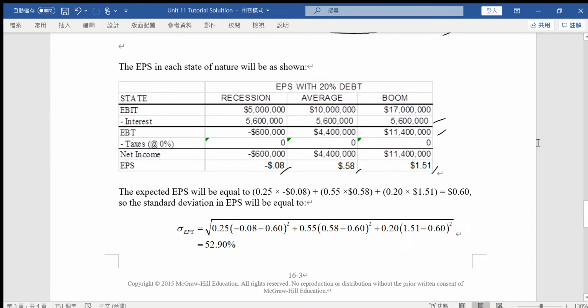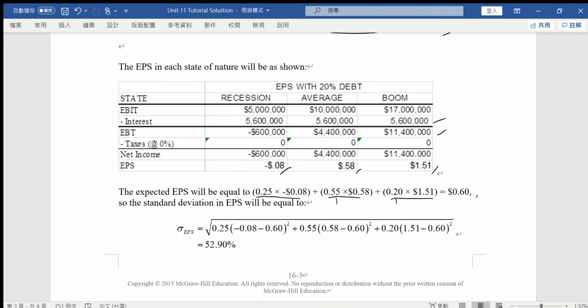We work out the EPS for these three situations and then add them up, because they account for different weightings. For the recession it accounts for 25%, for the average 55%, and for the boom 20%, and because of that, the average will be 0.6 EPS.